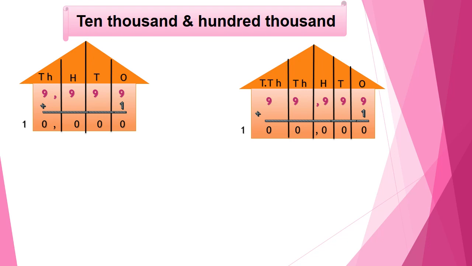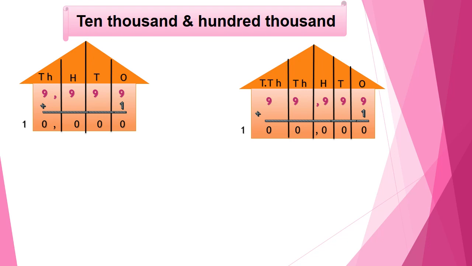We said before we have 2 families here: the ones family, which contains ones, tens, and hundreds, and the thousand family, which contains 1,000 and our new room 10,000. For the greatest 5-digit number, we put 9s in our rooms.